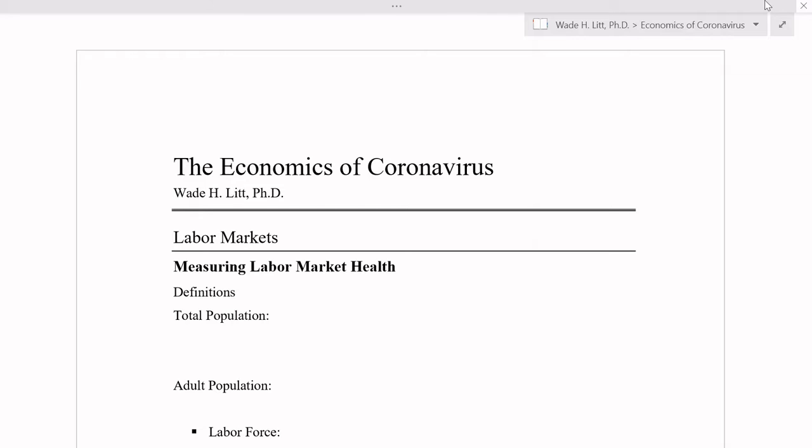So let's dive in here. This first bit is just looking at some definitions, how the Bureau of Labor Statistics classifies individuals as being employed, unemployed, labor force, non-labor force, things like that. So let's look at this. Again, these are coming from the Bureau of Labor Statistics, the BLS.